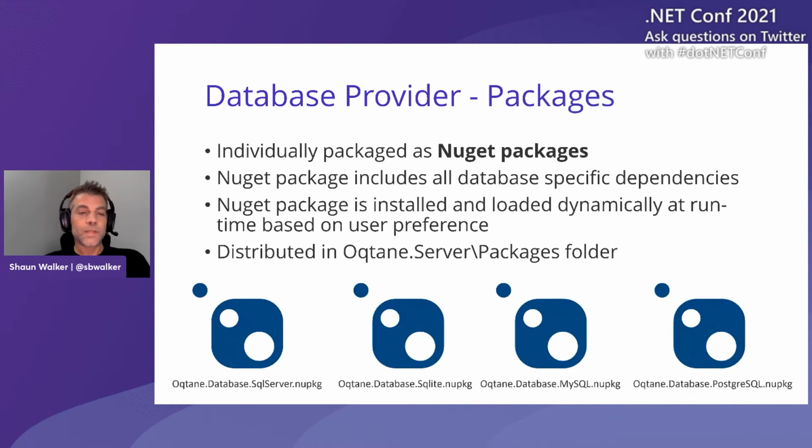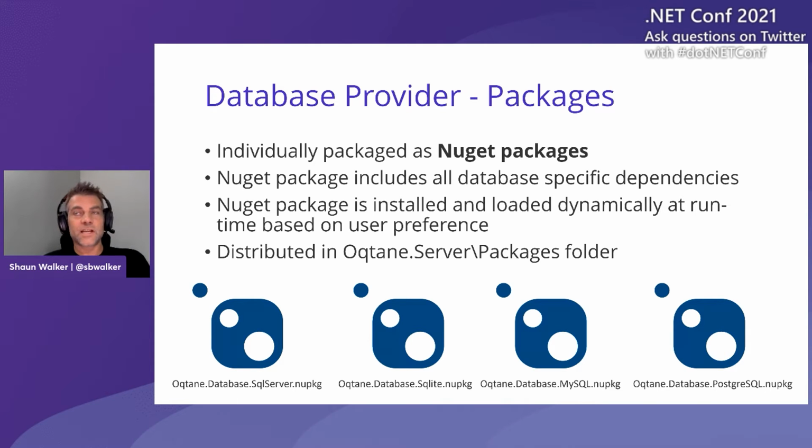In order to keep things completely separated from one another, you can develop your database providers as NuGet packages. Of course, the NuGet package would include the Octane specific database provider, as well as any of the dependencies that it requires. Those are all packaged up into NuGet packages, and those NuGet packages are installed at runtime based on the user selection.